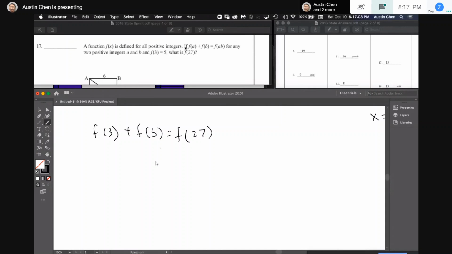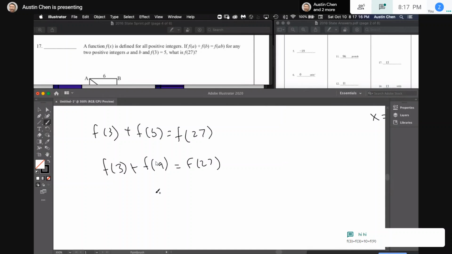First looking at this, b has to equal 27 divided by 3, right? So we're saying f of 3 plus f of 9 is f of 27. But we have the values of f of 3 and f of 27, which means we can solve for f of 9. Oh wait, no, never mind. I'm bad. We don't have the value of f of 27.